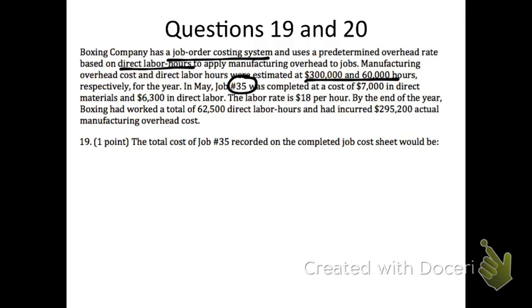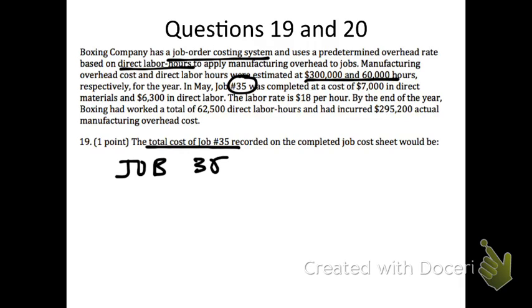So we're looking at job 35. So we have materials, we have labor, we know what the labor rate is, and by the end of the year, Boxing had worked a total of 62,500 direct labor hours and had incurred 295,200 in actual manufacturing overhead costs. So what we want to do is find the total cost of job 35.